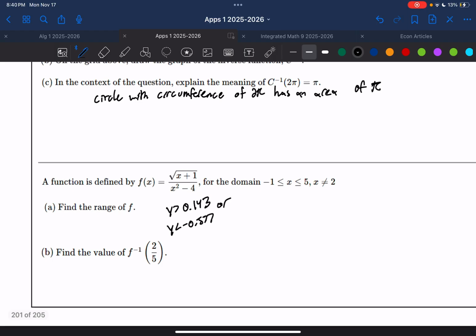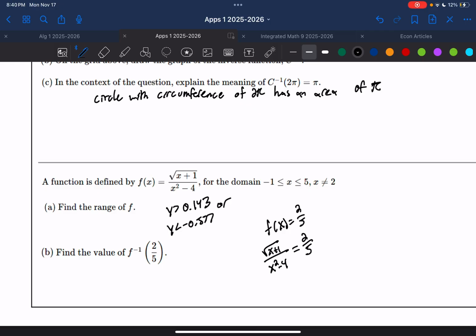We want to figure out what is f inverse of 2/5. I think the easiest way to do this is to think about for what value of our regular function f of x is equal to 2/5. In other words, square root of x plus 1 over x squared minus 4 is equal to 2/5.